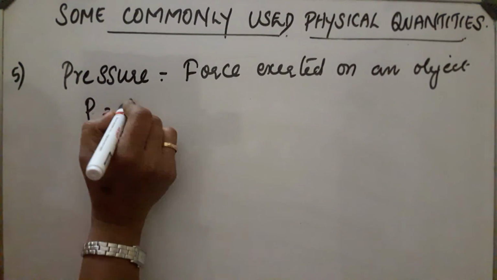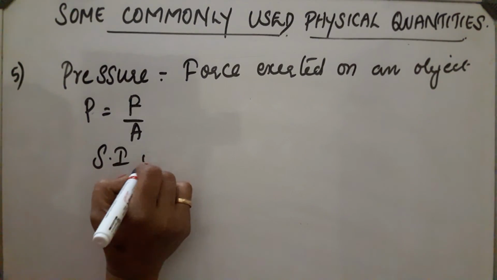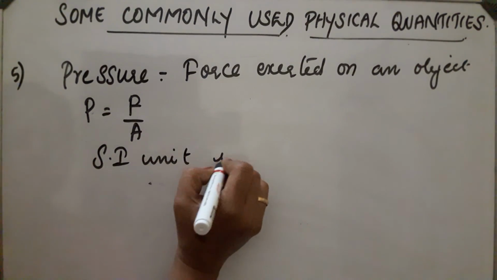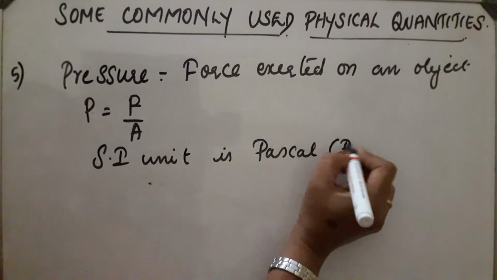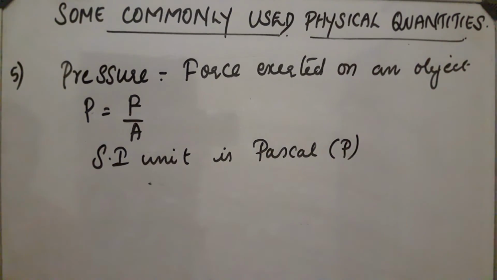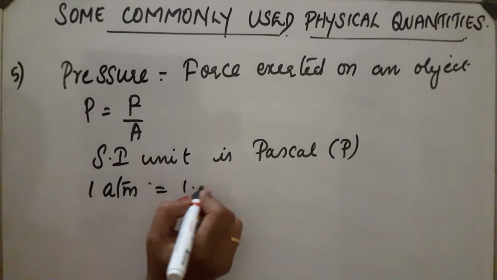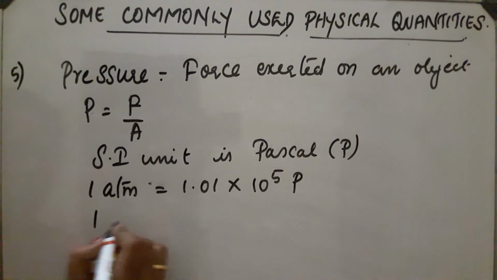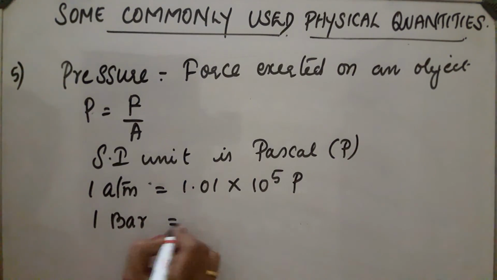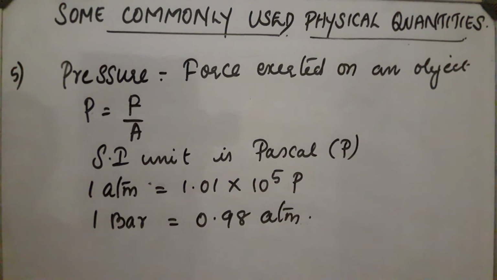P is equal to F by A, force per unit area, and its SI unit is Pascal or Pa. Another unit is 1 atmosphere, which is equal to 1.01 into 10 raised to 5 Pascal. One more unit, 1 bar, is equal to 0.98 atmosphere. These are the different units.